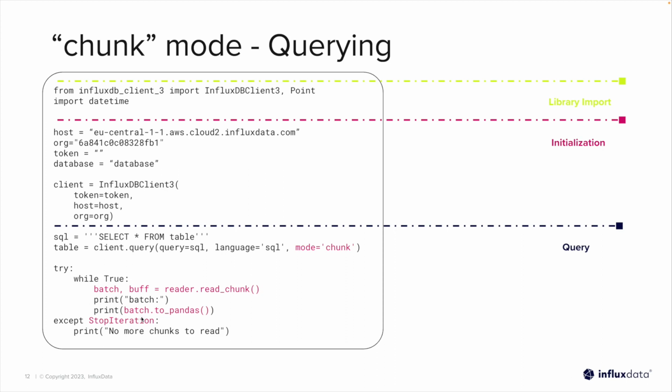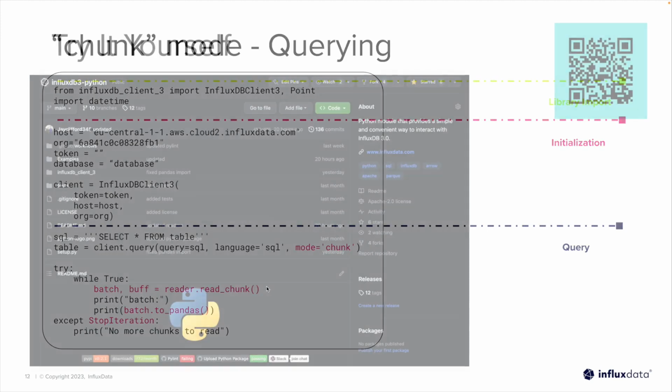Make sure you add a try and except clause around it, because this StopIteration will trigger the moment there's no data left to be collected from InfluxDB 3.0. So a great top tip, especially when dealing with lots and lots of data in InfluxDB 3.0.